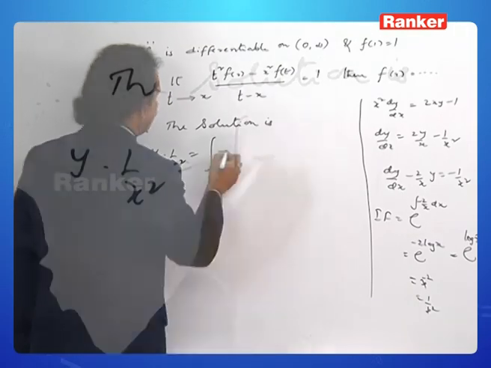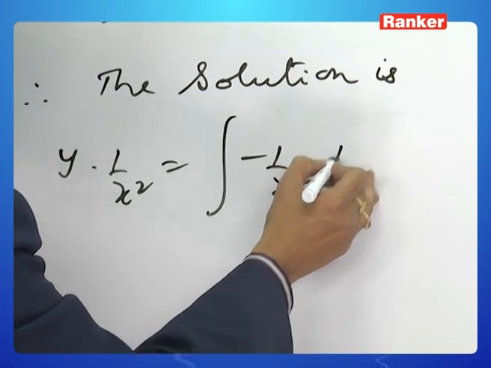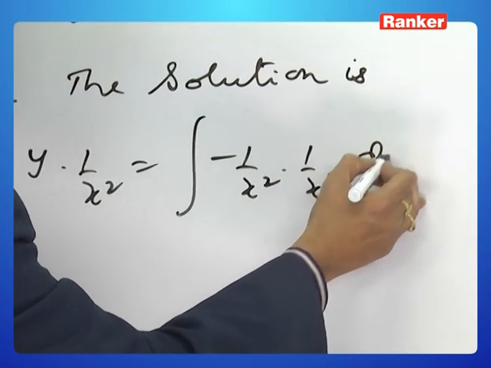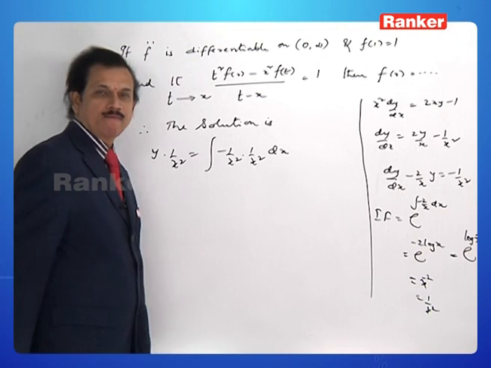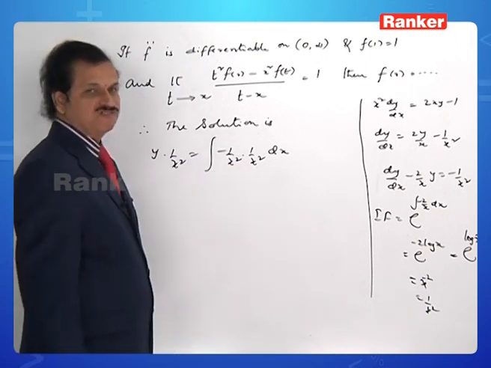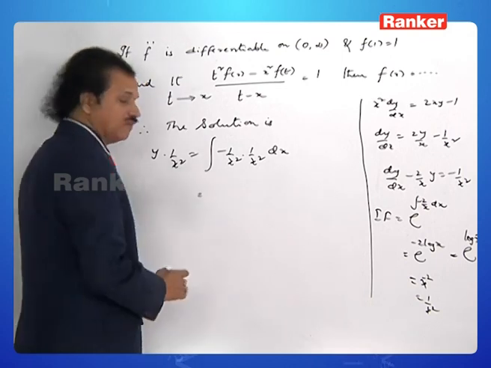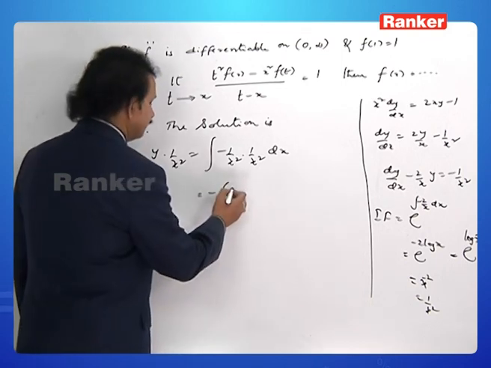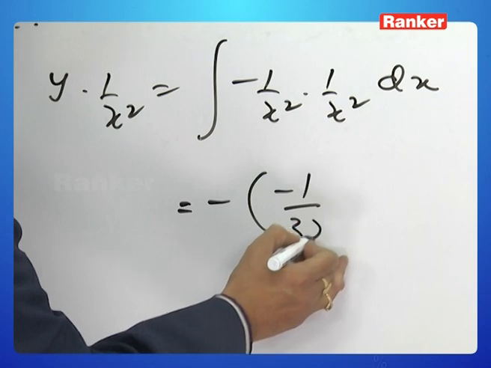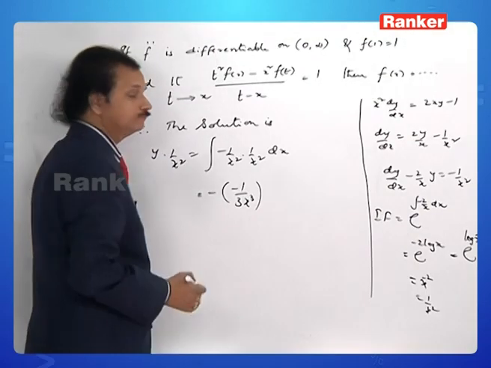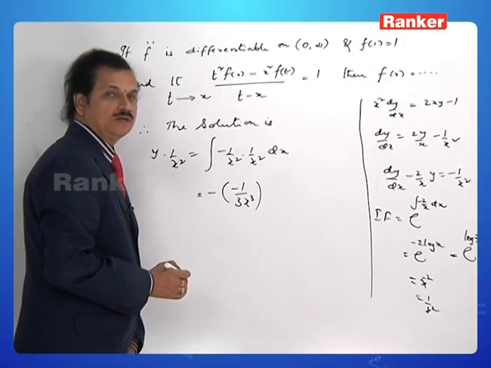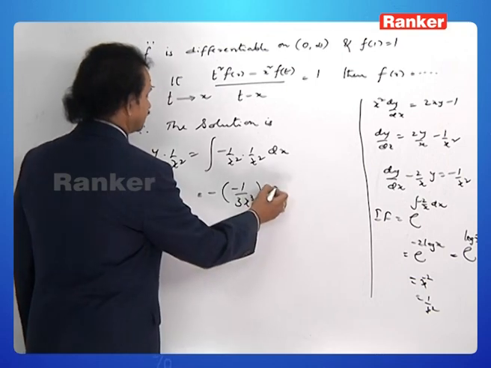What is q? Minus 1 by x square into 1 by x square dx. This is 1 by x power 4, isn't it? What is the integral of 1 by x power 4? Minus 1 by 3x cube plus c.